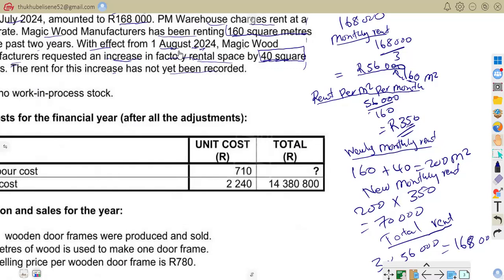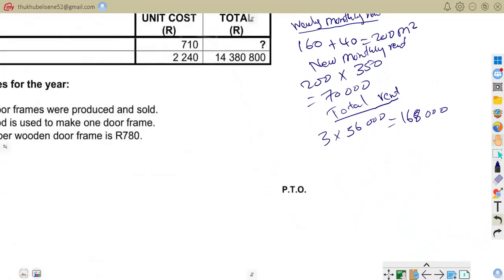That is our year end. So we are going to say 9 times 70,000, which is the additional rent.